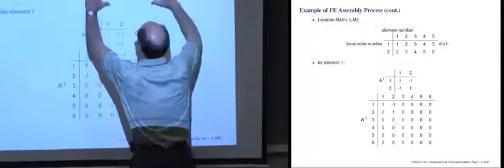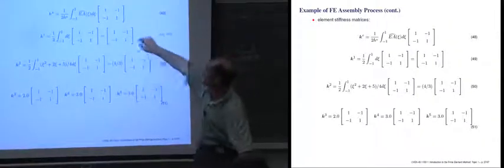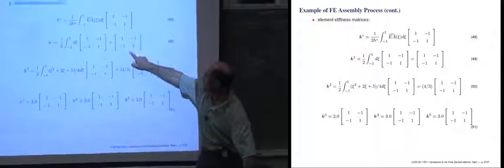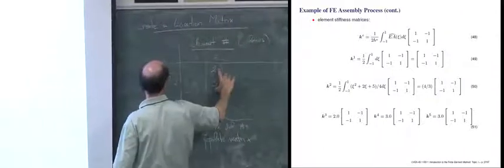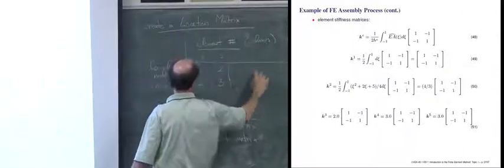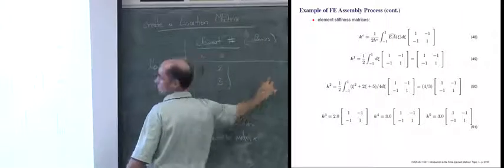Essentially what we're doing manually here, but which a program will do for you, is we use this matrix and inform ourselves as to where to put these individual matrices. If you look at element 1, it corresponds to these 2 degrees of freedom. Element 2 is going to correspond to these 2, 2, 3, and then 3, 4, 4, 5, 5, 6.